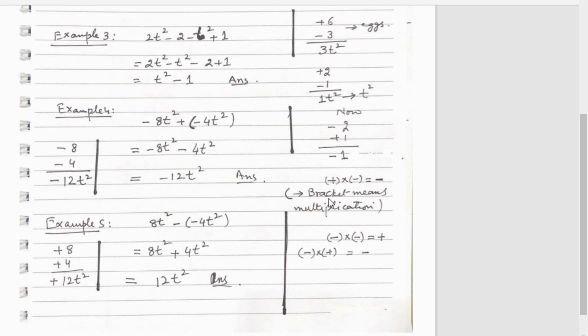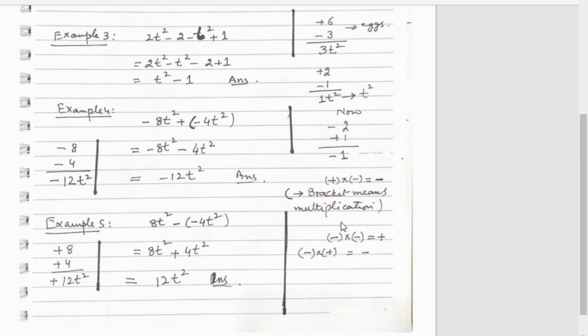Whenever we multiply a plus sign with a negative sign, we get a negative sign. This is the rule of multiplication in algebra. So write down these rules in your diaries or a small booklet for your memory: multiplication rules and addition subtraction rules separately.